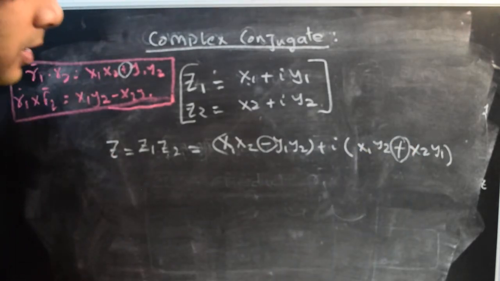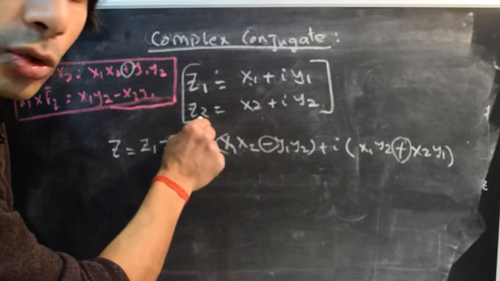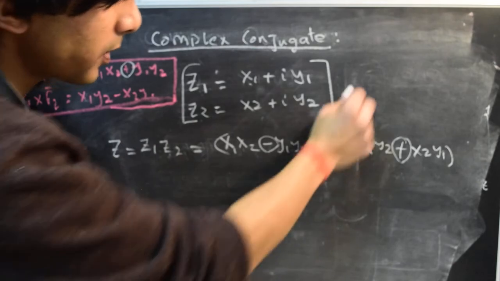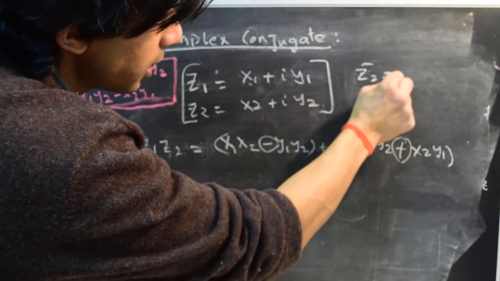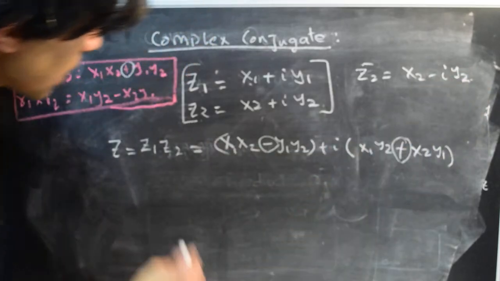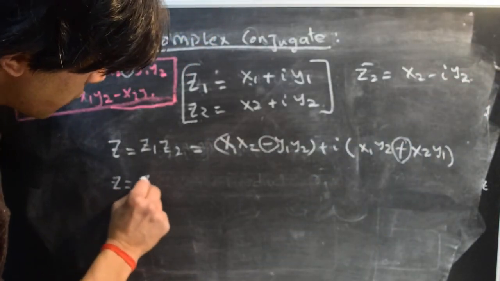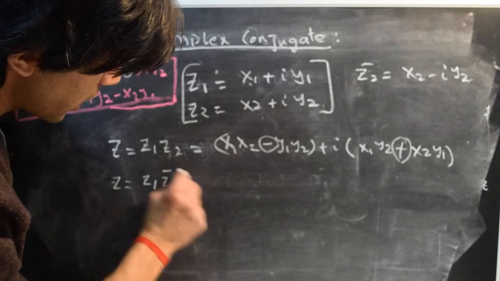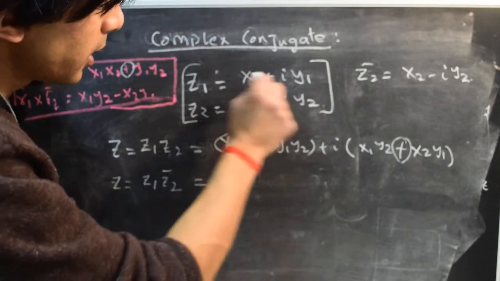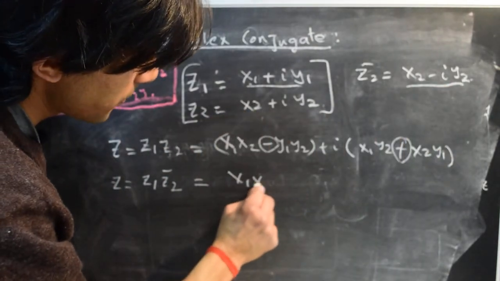So one of the things we can do is think about taking the product of z1 with z2 conjugate, which is what we just defined. z2 conjugate is x2 minus I times y2. If we multiply these two, we have x1, x2 as the first term.